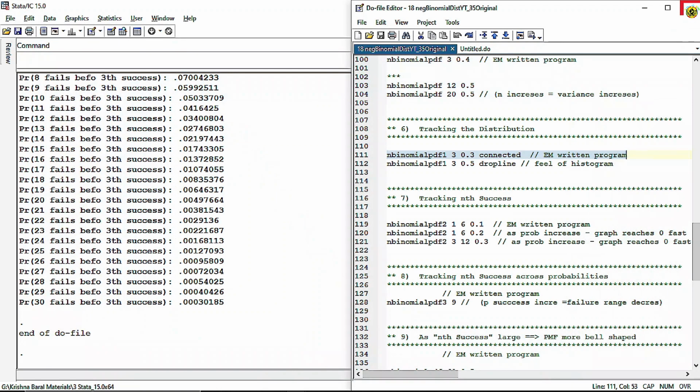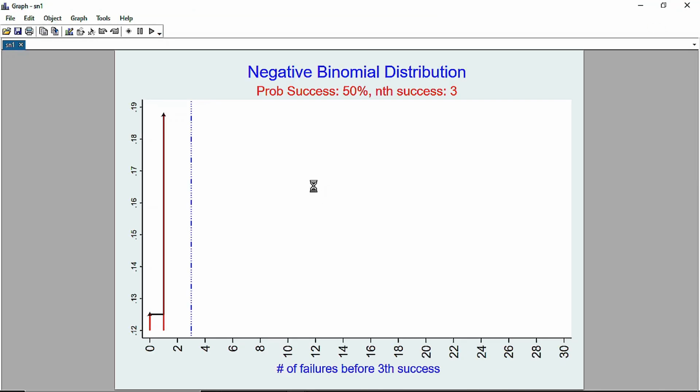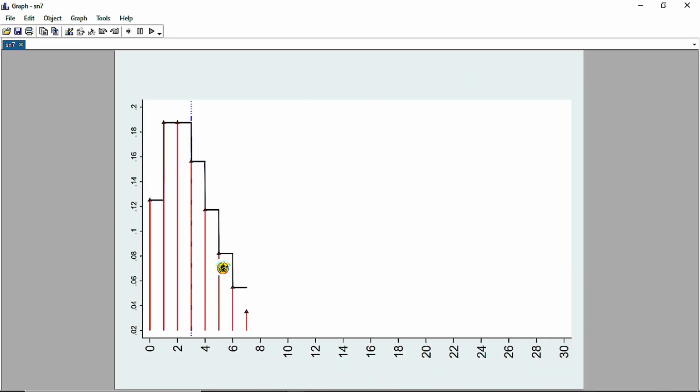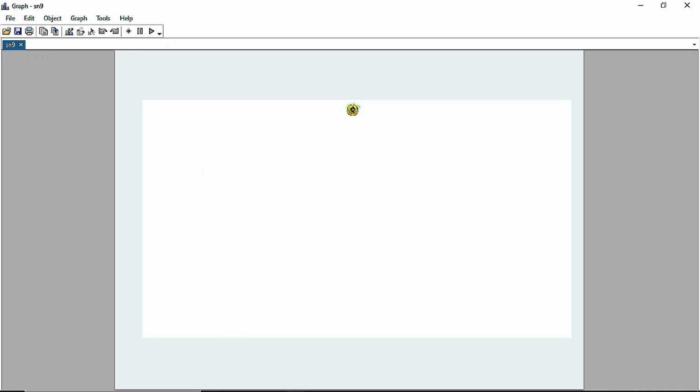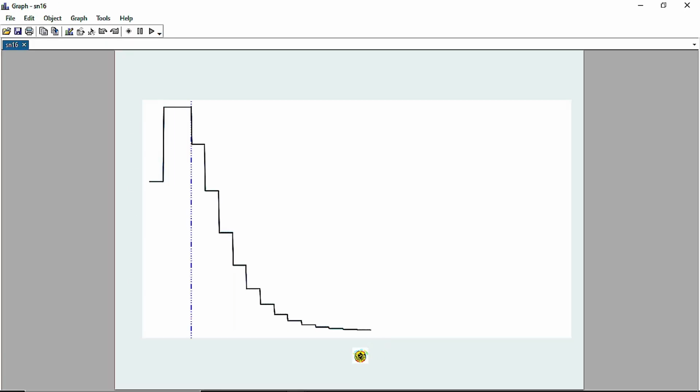Let us see another example. Now let us increase the probability of success to 50% and look at the probability of getting the third success. This time the range of failures should decrease, and it gives a feel of a histogram. As the probability of success has increased to 50%, the graph will meet 0 very early.